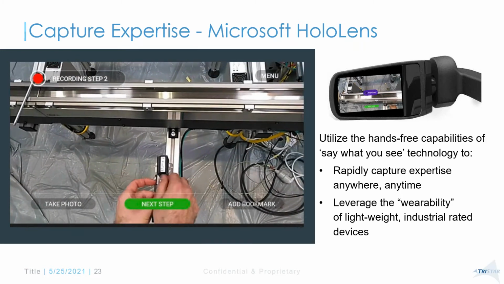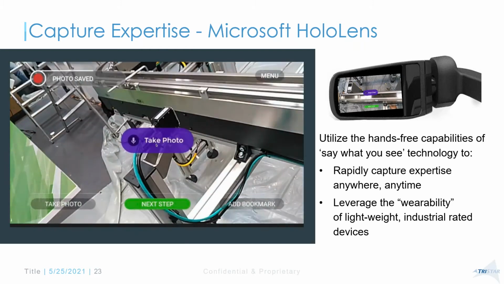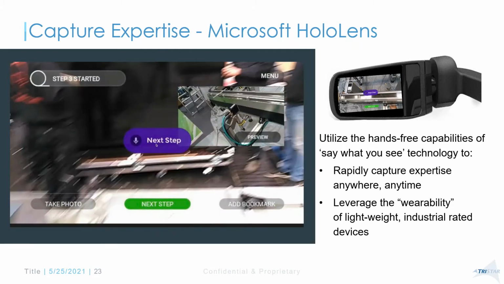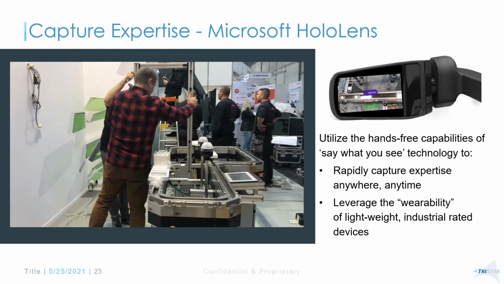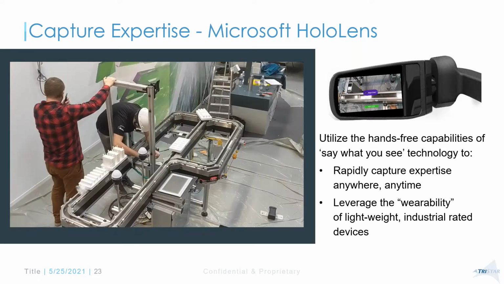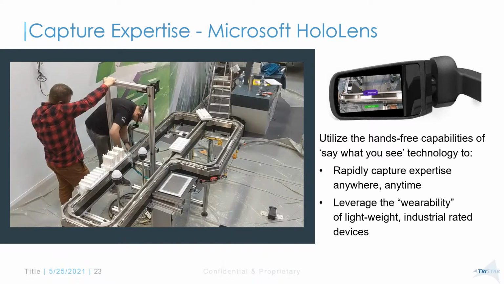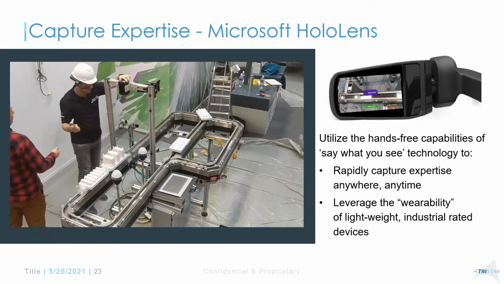So now he's doing step number 2, and then at any point here, he can say next step. And then, in this case, it took a photo, and then now it's going to the next step. And notice how at the top, it's going to say recording step number 3. So now it starts doing that recording of step number 3. So it's pretty easy to capture that knowledge by using expert capture, right?